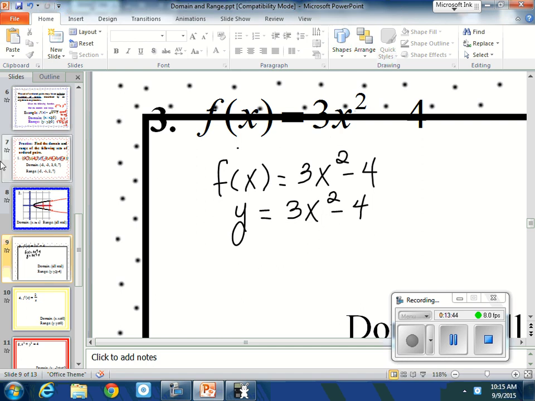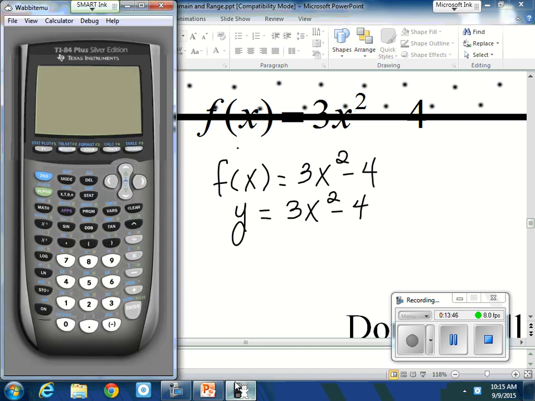So after that, I would most definitely go to the calculator. Mine is already off, so I'm going to turn it on and I'm going to go ahead and clear it. Hopefully you remember it's second plus 7, 1, and 2. Now I'm going to go to my y equals, and I'm going to write that function down. 3x squared minus 4, and now I'm graphing.